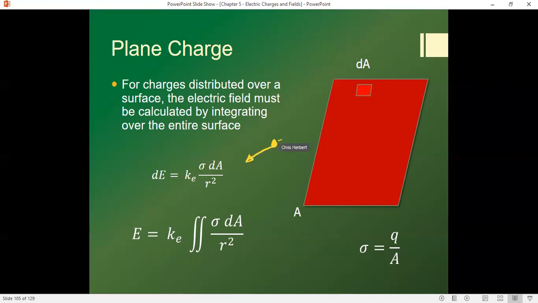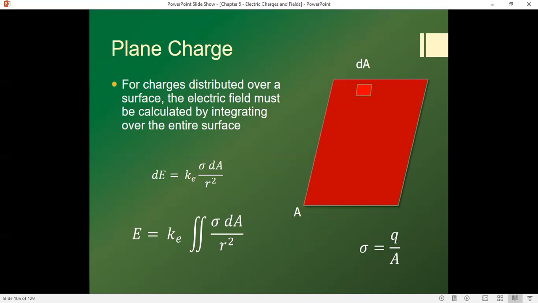We integrate over some infinitesimal point of charge. In this case, I'm going to take an infinitesimal area and integrate over all the area. In one direction, along the other direction, all the little infinitesimal areas are going to add up together to create one total electric field.